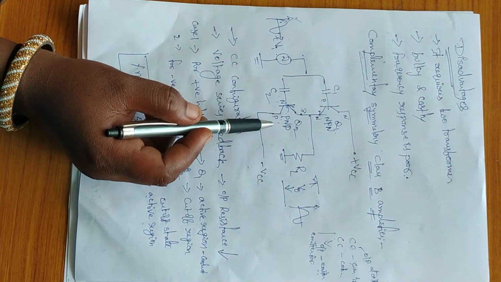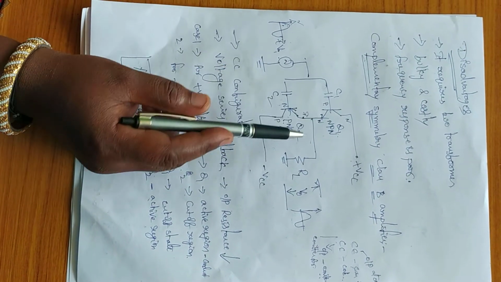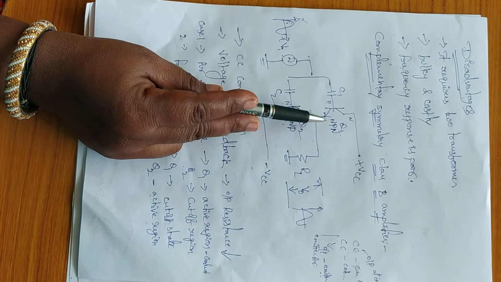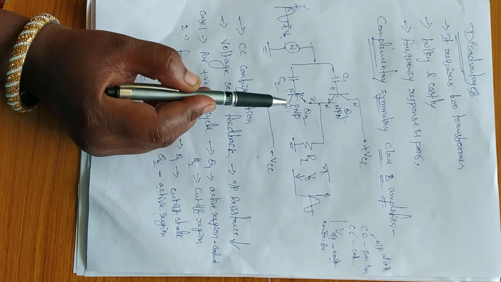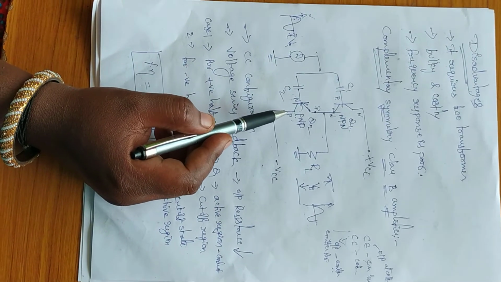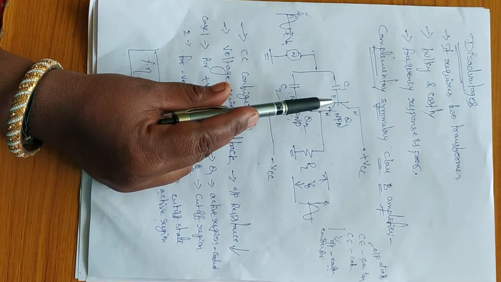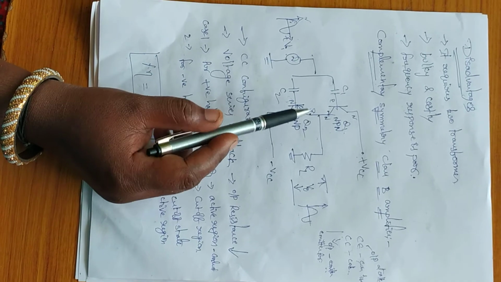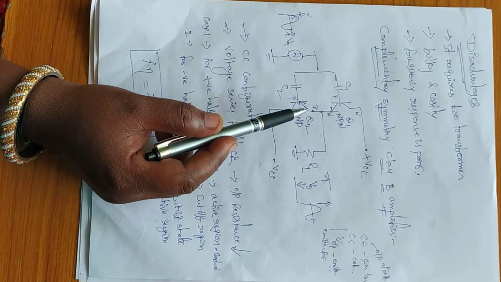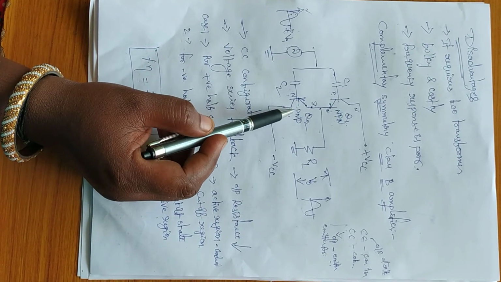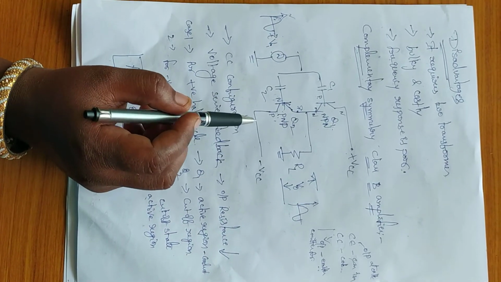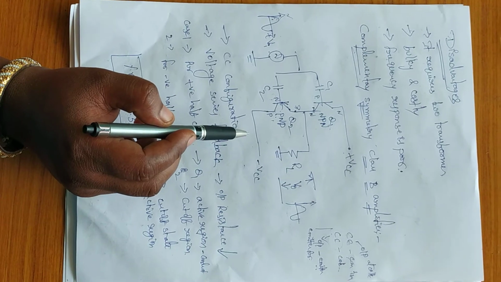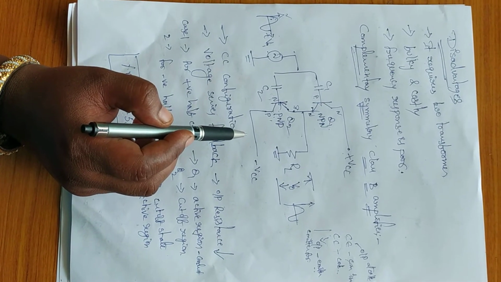In this circuit, we are using complementary pair of transistors, that is NPN transistor, PNP transistor. When the two transistors form a complementary pair in class B amplifiers, that is, one is PNP and another is NPN, then the circuit is a complementary symmetry class B amplifier.